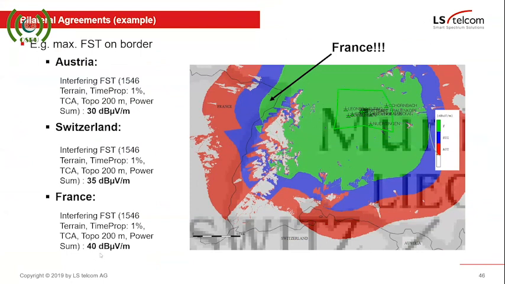France said it's not allowed to exceed 40 dB microvolt per meter at any of the test points. With Switzerland, they agreed on 35. And with Austria, they agreed on 30. So that just tells you what the different arrangements are with the bilateral agreements. These are individual agreements between these European countries.